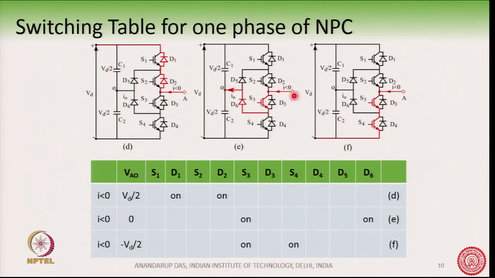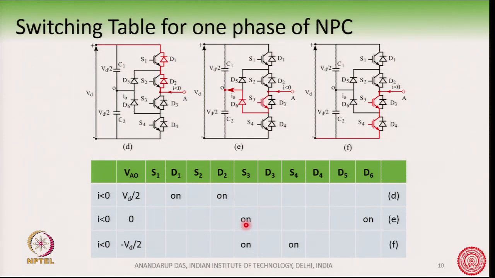It will come in, go through this transistor and the diode, and come to the point O. So during this time I will get 0 voltage VAO with the switches S3 and D6 conducting.